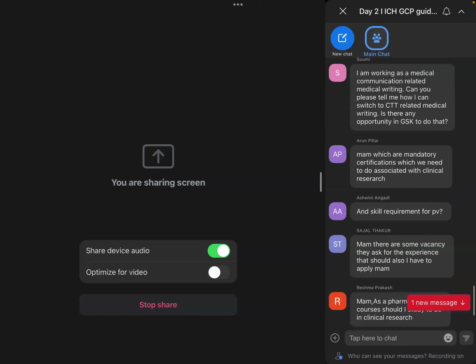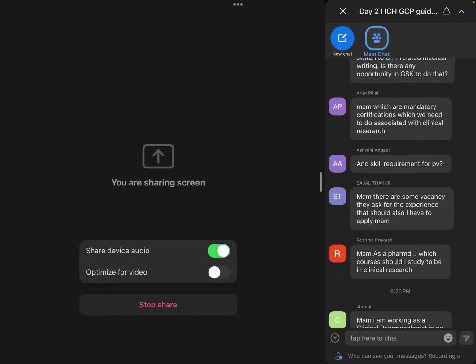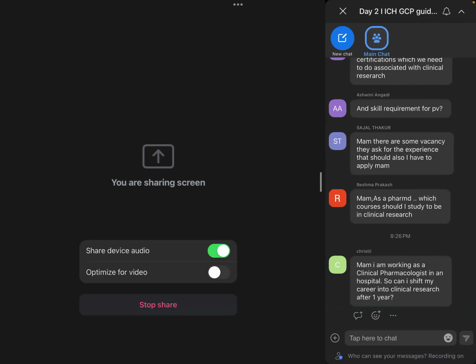There are some vacancies that ask for experience. Okay, there are a couple of questions. One is that they ask for experience, and you don't have experience. Do you really think you don't have experience?